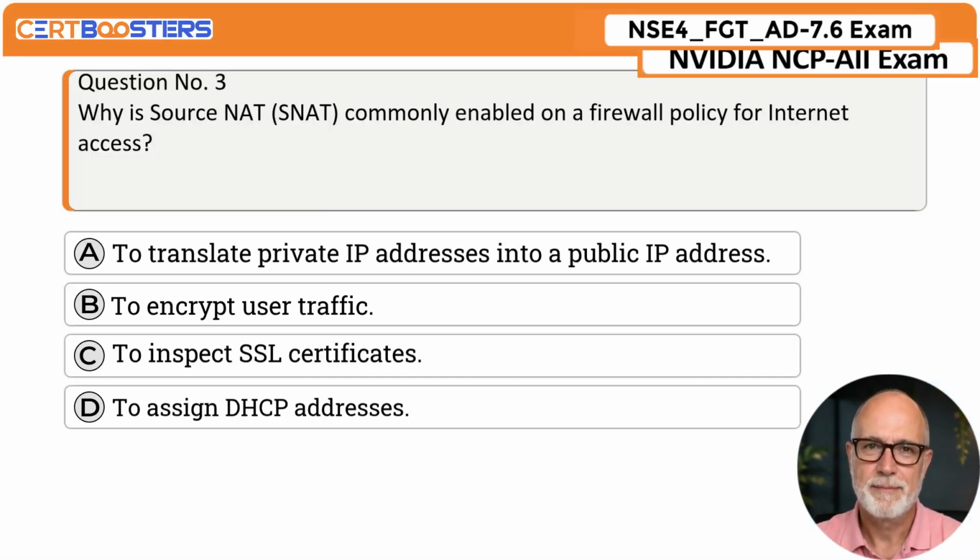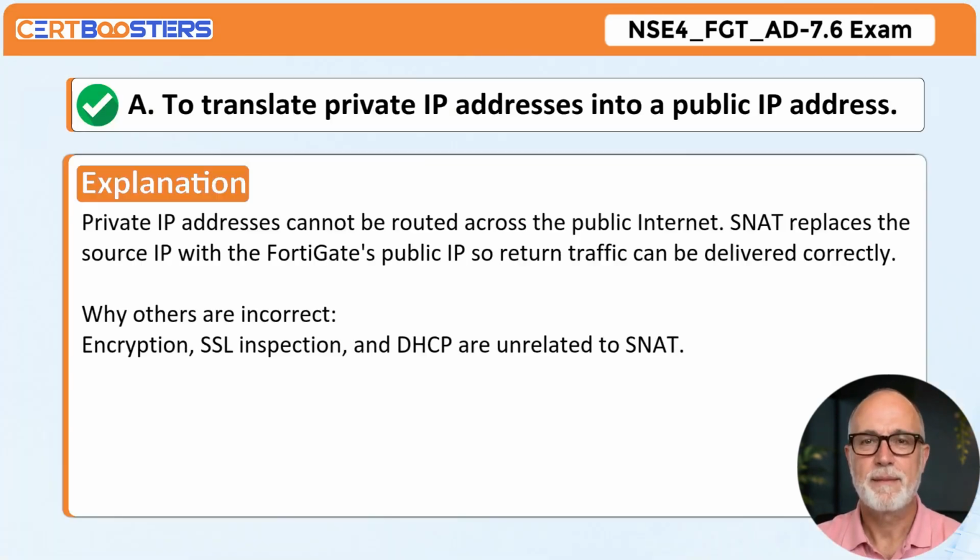Question number 3. Why is source NAT, SNAT, commonly enabled on a firewall policy for internet access? A. To translate private IP addresses into a public IP address. B. To encrypt user traffic. C. To inspect SSL certificates. D. To assign DHCP addresses. Correct answer: A. To translate private IP addresses into a public IP address.